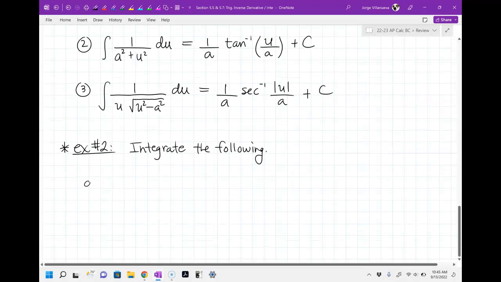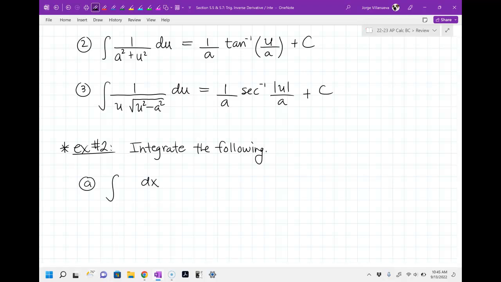So here's the first one. We're going to do the integral. They write dx on top. I don't like that they do that in books, but whatever. You can move it to the side if you want to. That's my preference, but whatever. Square root of 4 minus x squared.